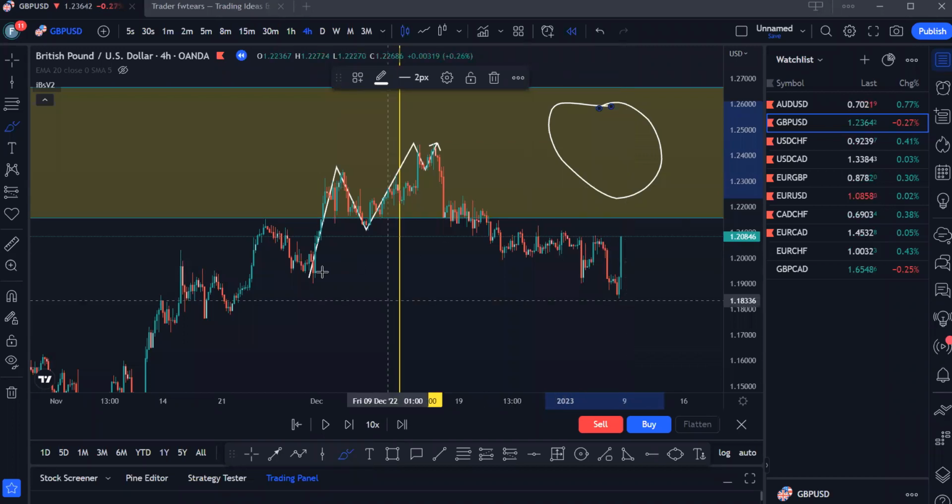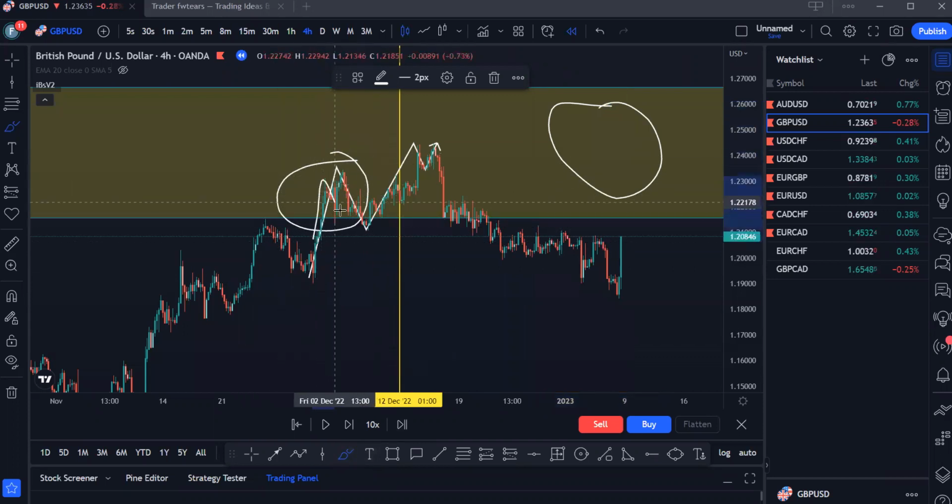So at the point where price retraced into the zone, we can see this is an M pattern. Remember, I told you, liquidity concept, okay, formed. So that's why we are using this as our point of interest, because this is the zone after liquidity grab.